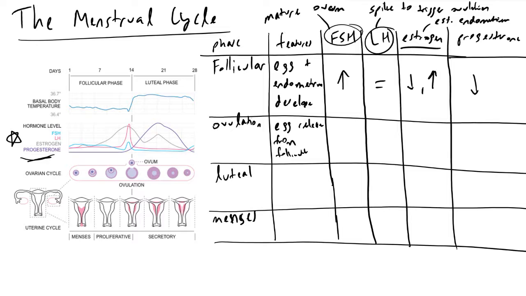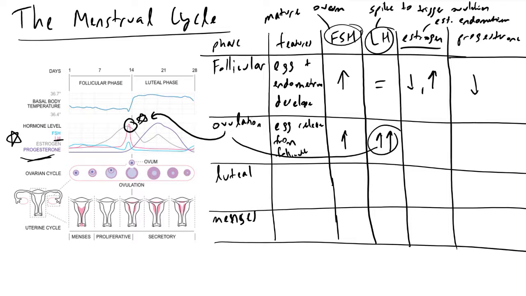We're going to want to continue maturing the egg, so FSH will continue to rise. And at this point, we will also see an enormous spike in levels of LH. So this orange line, this spike right here, indicates the ovulation part, specifically that.